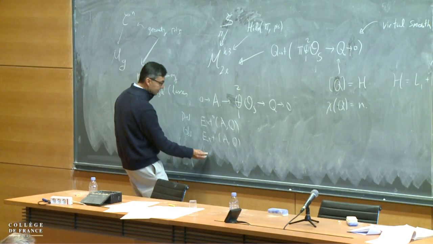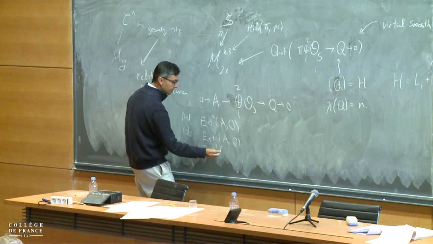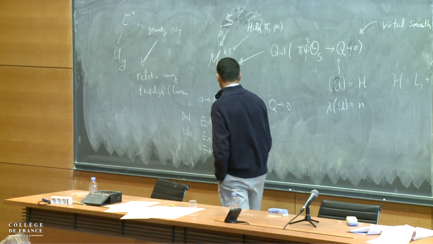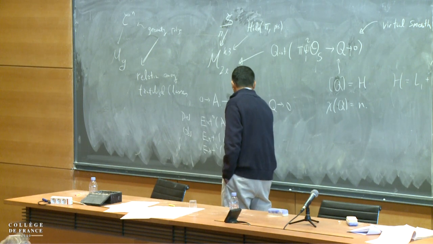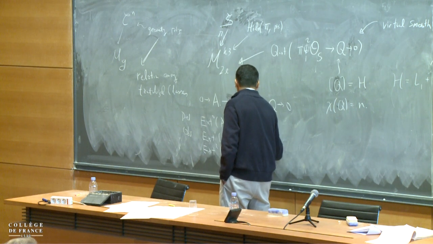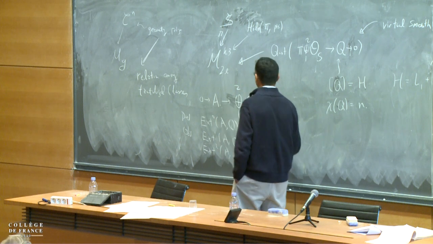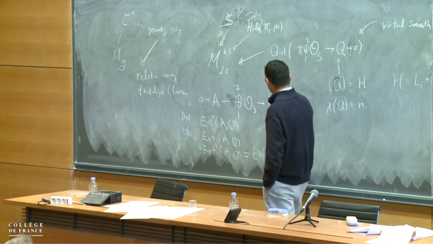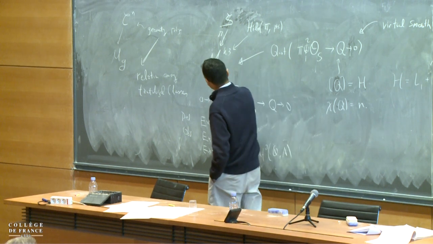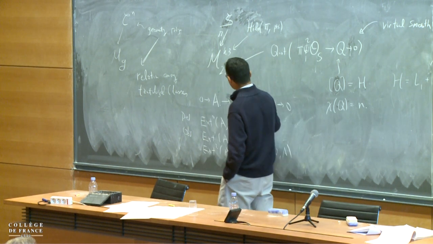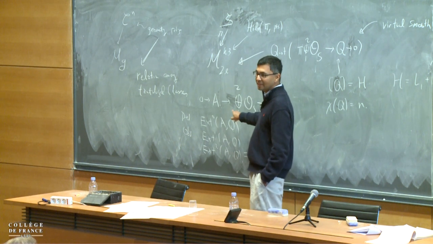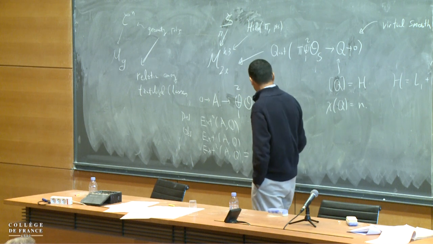And then one worries about this Ext2 of A, Q. But by Serre duality, this group is dual to Ext0 of Q, A. This is the K3 case. And this is a Hom from Q to A. If I ever had a Hom from Q to A, then I could continue that Hom to here, and this would give me a torsion sheaf that's a subsheaf of a locally free. And this cannot happen. So this is 0.